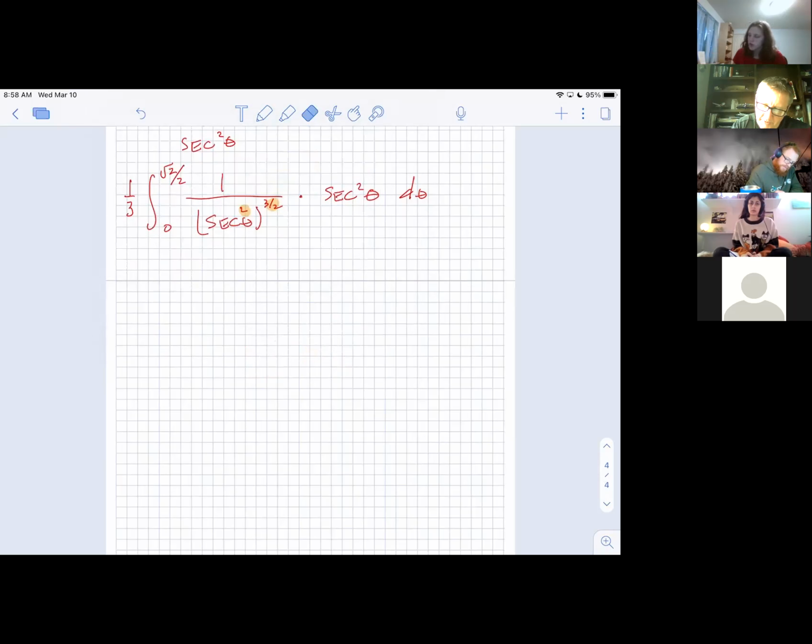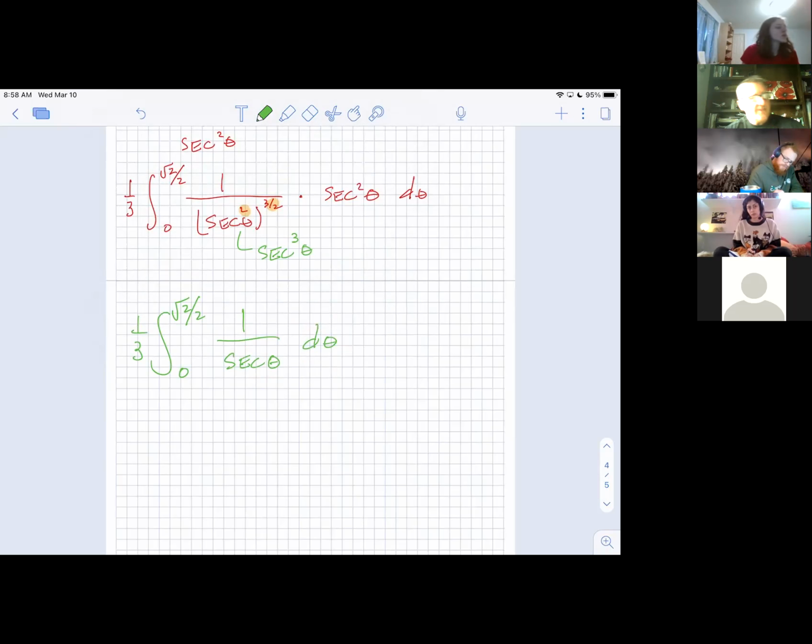So to save a little bit of space here, I'm just going to say this whole thing is actually secant cubed of theta. And so I have secant squared over secant cubed, which would be 1 over secant.